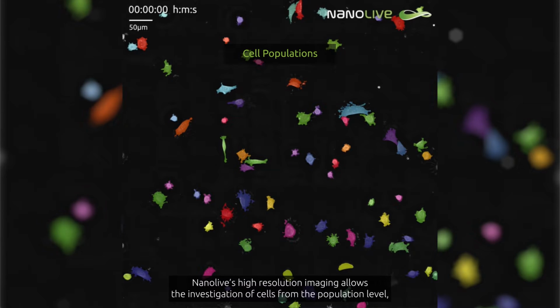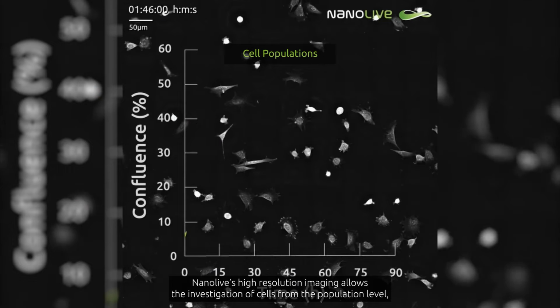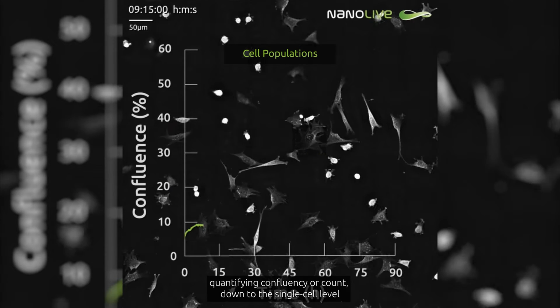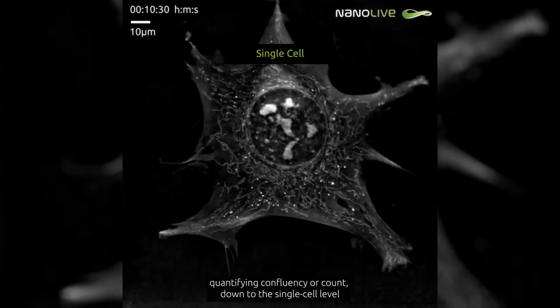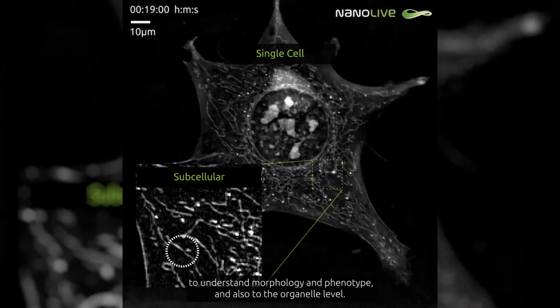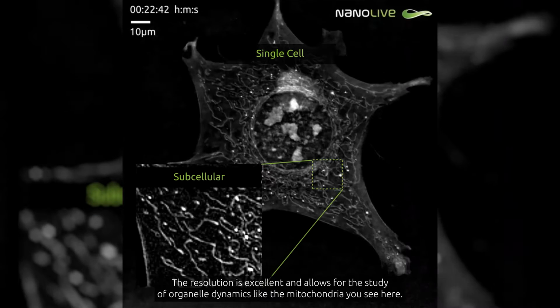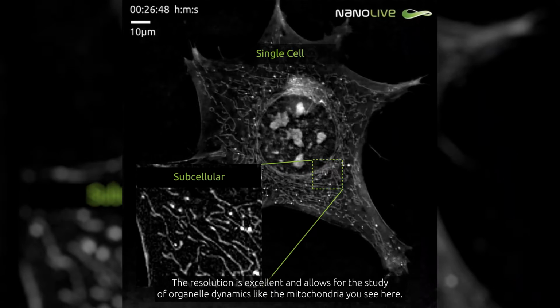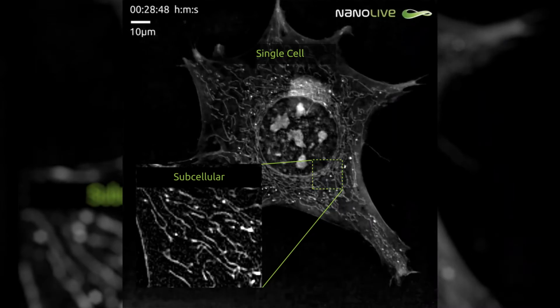Nanolive's high-resolution imaging allows the investigation of cells from the population level, quantifying confluency or count, down to the single cell level to understand morphology and phenotype, and also to the organelle level. The resolution is excellent and allows for the study of organelle dynamics like the mitochondria you see here.